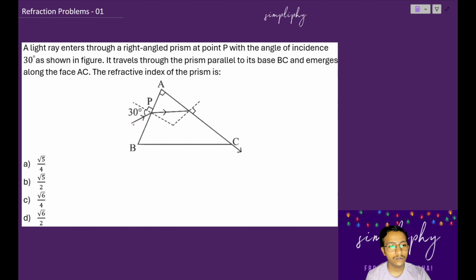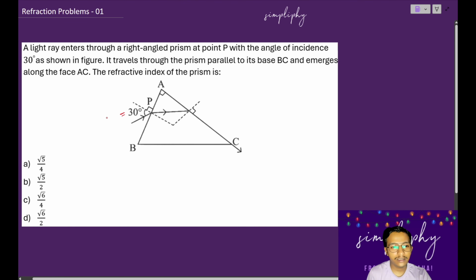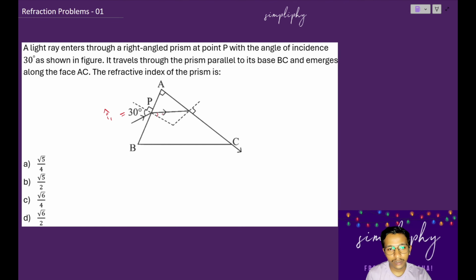So let's see. This is our incident light ray, so I can consider this to be my angle of incidence I1, and correspondingly I can choose this one to be my first angle of refraction R1. This dotted line here represents the normal, which we have drawn at the point of incidence perpendicular to the refracting surface, here at point P. Now you see that after refraction through the prism, the light ray is traversing along the surface AC.